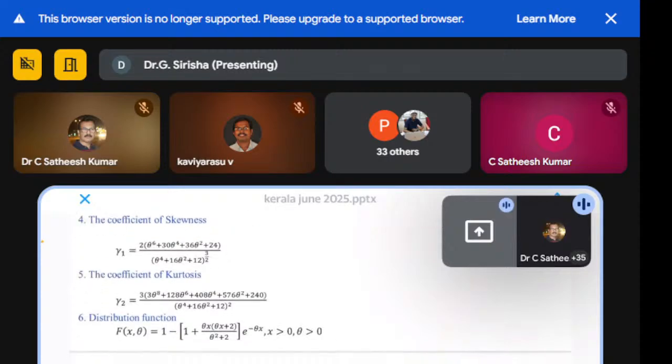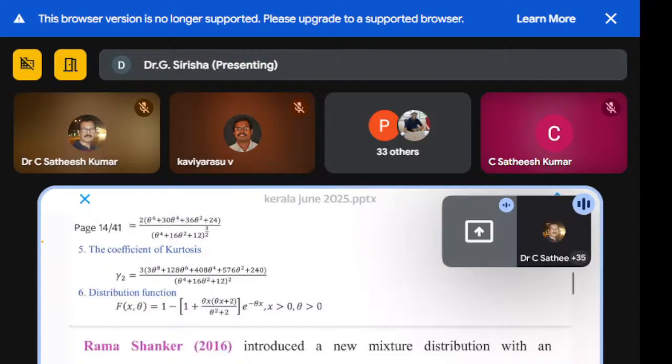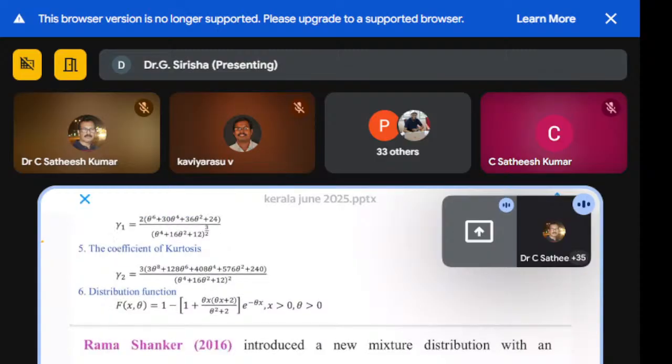In similar lines, we have the next distribution introduced by the same person, Ramashankar, and this distribution is a combination of exponential with parameter theta and gamma with shape parameter 2, scale parameter theta. A third component is also introduced over here. Up till now, we have discussed two-component mixture distributions. This is a three-component mixture distribution, a combination of three distributions.